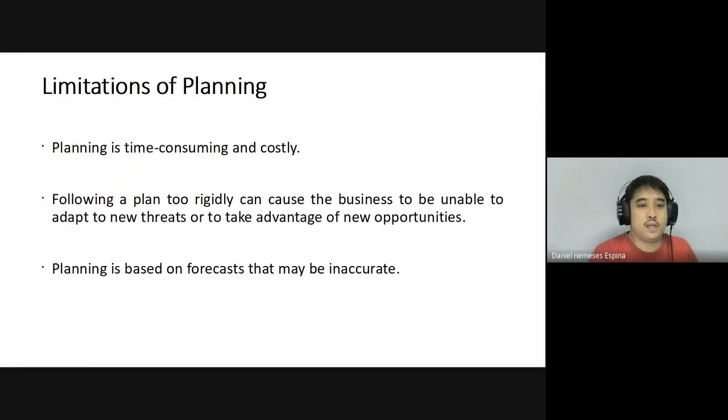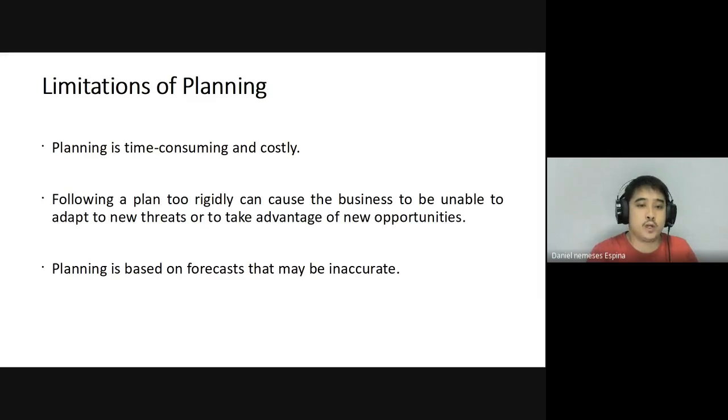So we have three limitations of planning. Although we have lots of benefits, planning is not without its cost, or without resources to give up. First, planning is time consuming and costly. It needs a series of meetings, especially when the company comes up with its strategies or strategic planning.